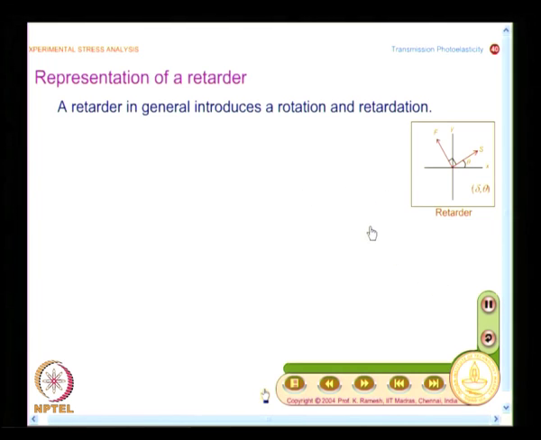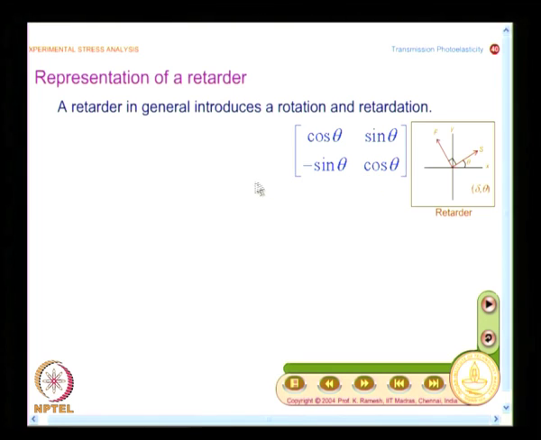Also look at the animation, you will have this appearing in a particular sequence, that is how light gets modified in a retarder. When it hits the model, you have this rotation matrix: cos theta, sin theta, minus sin theta, cos theta.